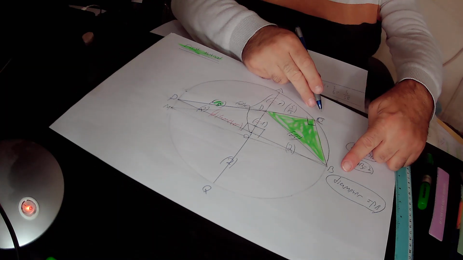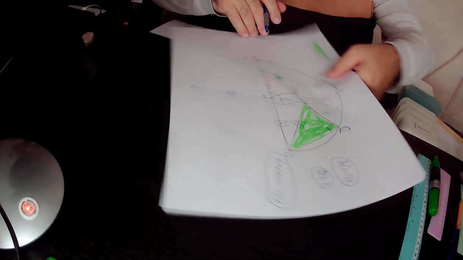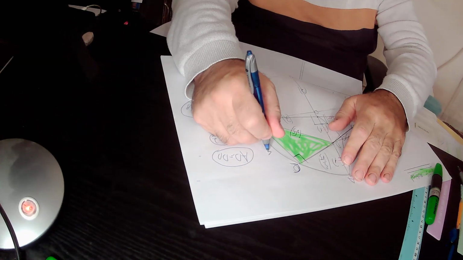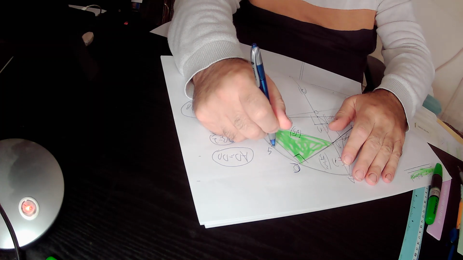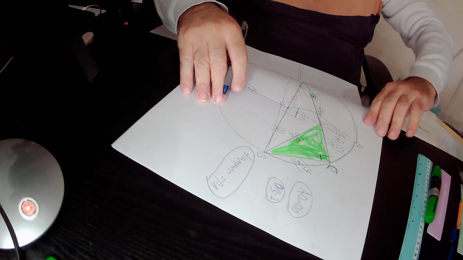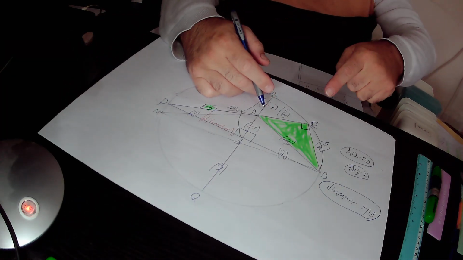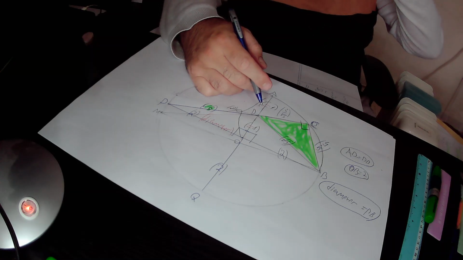This is the missing side CB. That equals 4 over square root of 5 units. Now it is very easy to find the area of this green shape. This is actually the green right triangle DCB.